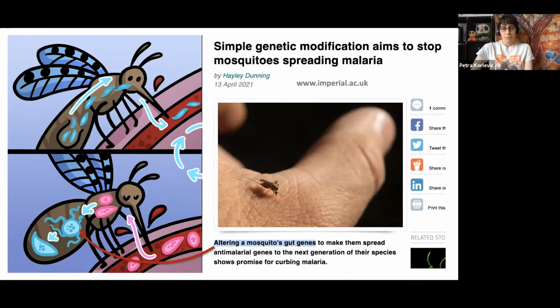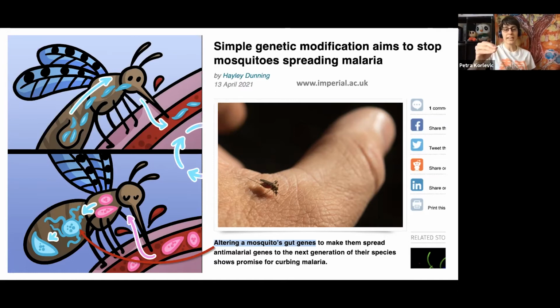You might have heard about genetically modified mosquitoes. There's various ways that is done. Some are genetically modified so they have less offspring, so you just decrease the total amount of mosquitoes. Or there's this group from Imperial in London that is altering the mosquito gut genes.